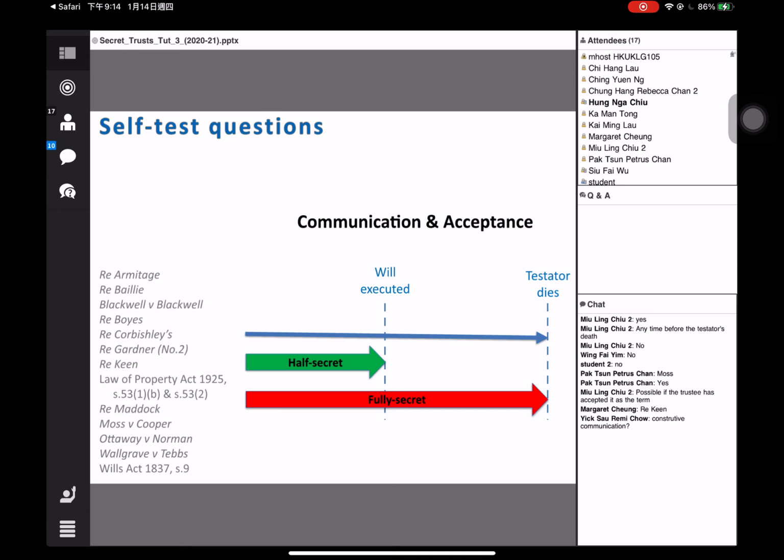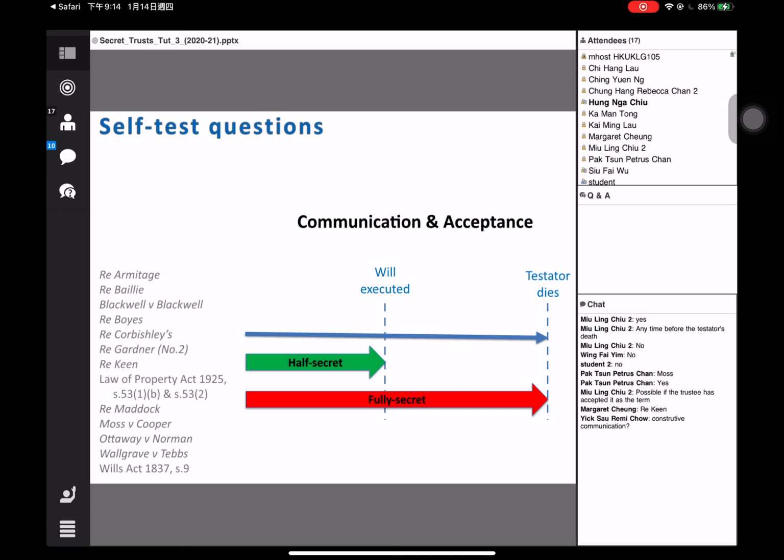Then we have the Dehors the will theory. Dehors the will, remember, that's the theory that says that secret trusts are not exceptions to the formality requirements in the Wills Act. Rather, secret trusts operate outside the will. They operate outside the will, therefore they fall outside of the scope of the Wills Act.